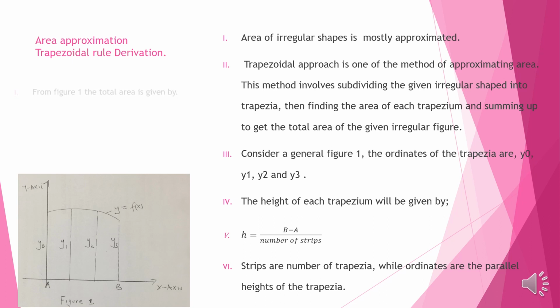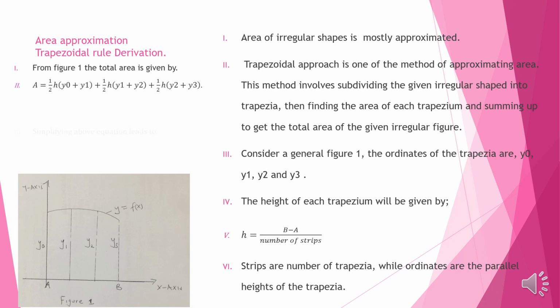Now, from this figure 1, we can try to find the area of each trapezium, because there are 3 trapezium, and we know that the area of a trapezium is the sum of the parallel heights multiplied by the perpendicular height divided by 2. So we'll apply that formula across the 3 strips and then sum to get the total area for that case.